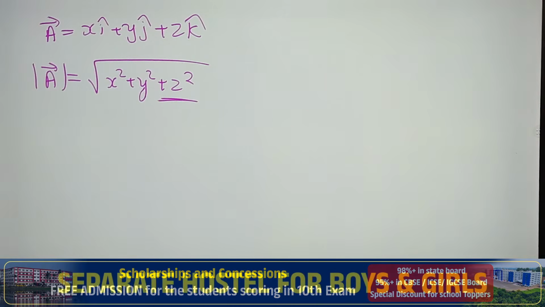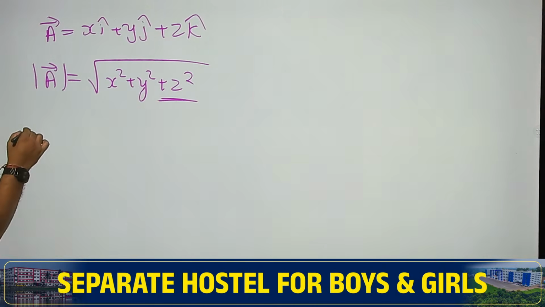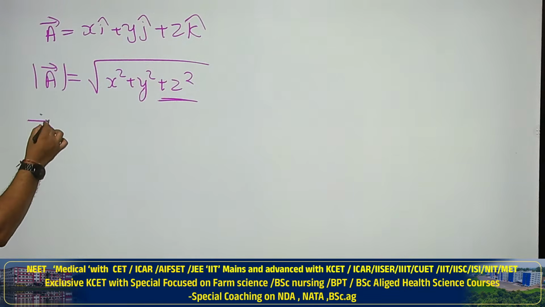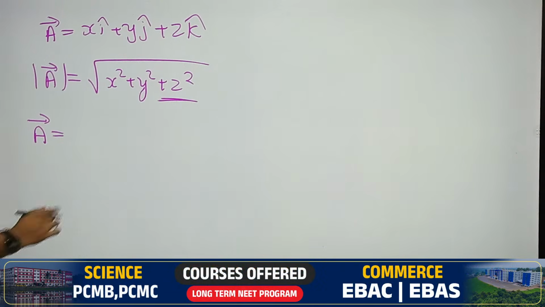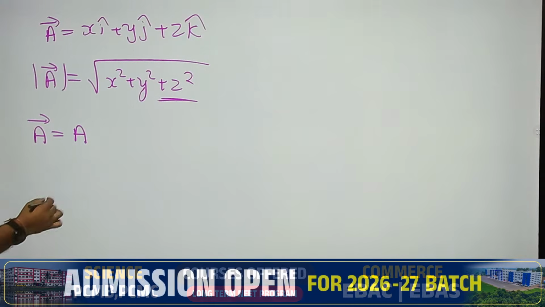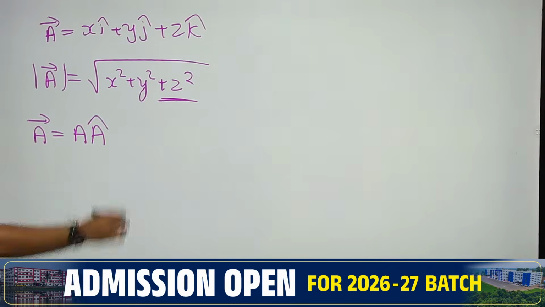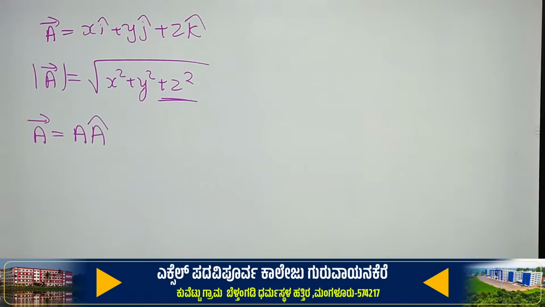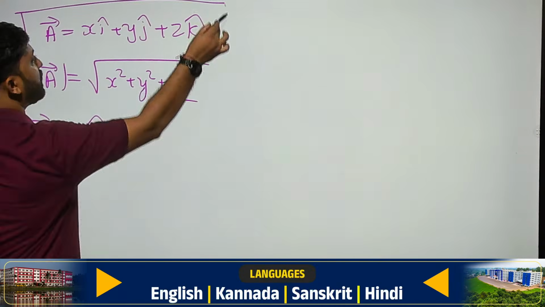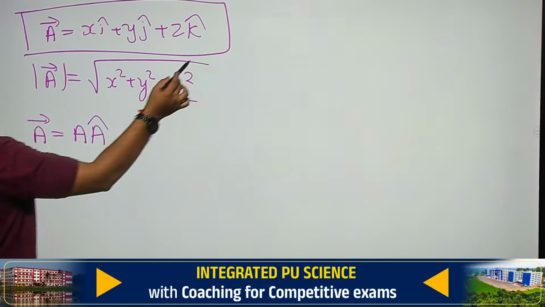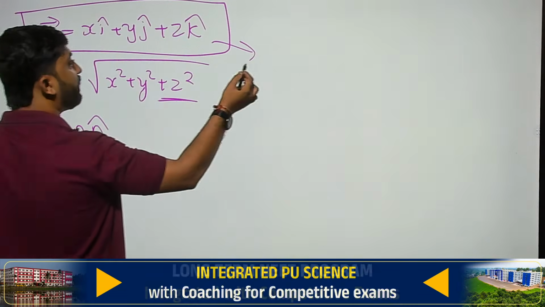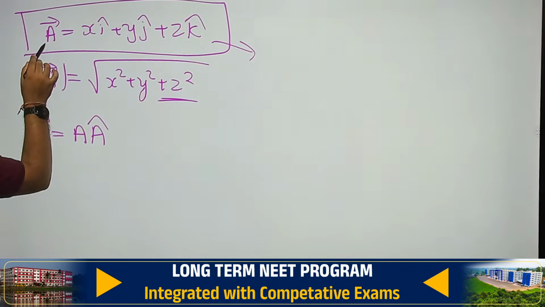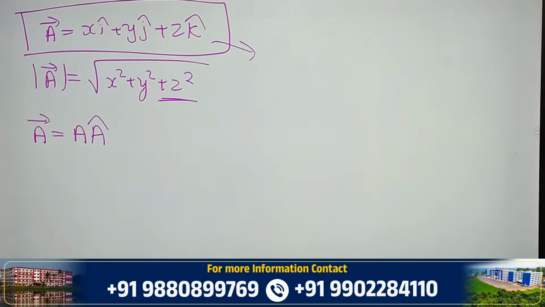Now, a vector can also be written as magnitude of A into A cap, right? This is one method to represent a vector. This is in the coordinate form, a vector represented using coordinates.